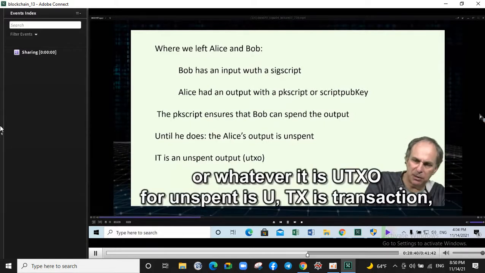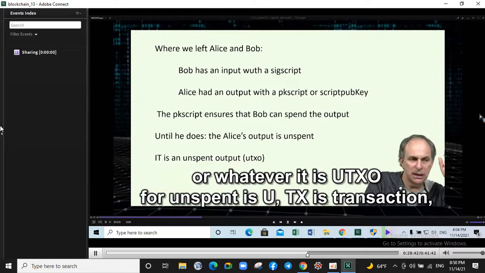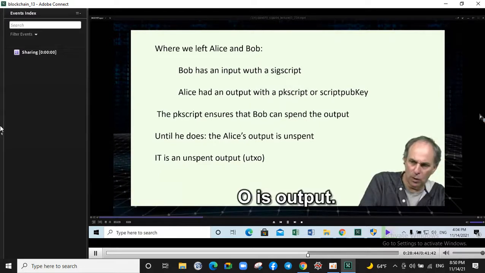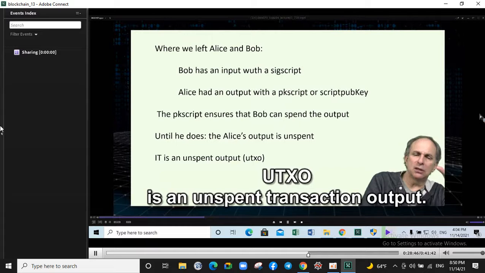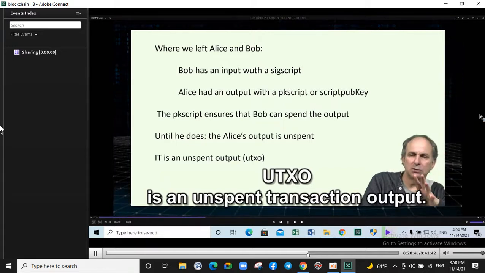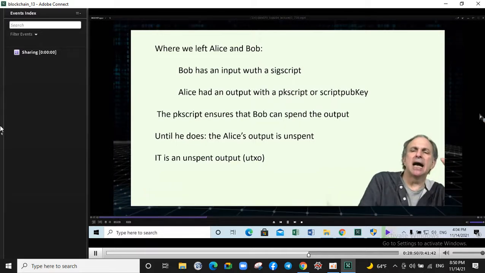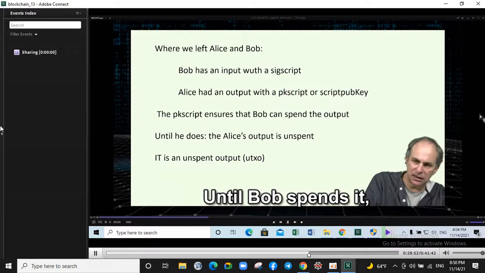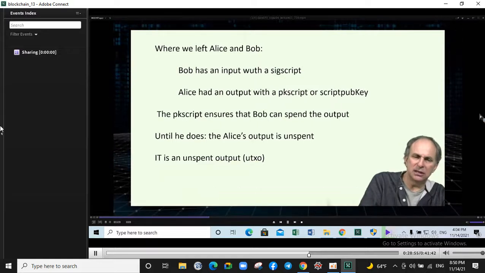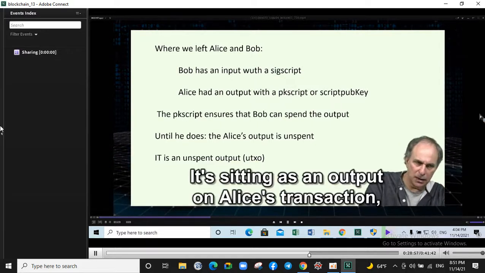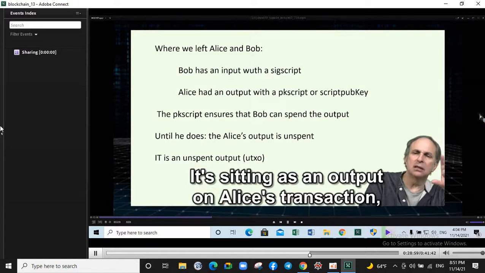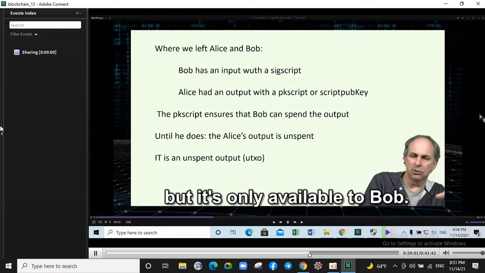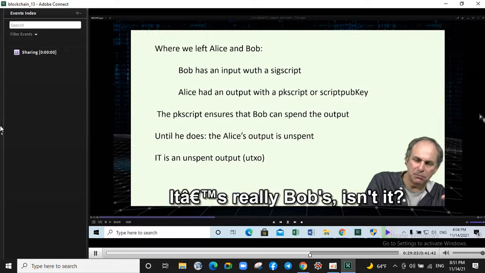So unspent is U, TX is transaction, O is output. So UTXO is an unspent transaction output. Until Bob spends it, that's what it is. It's sitting as an output on Alice's transaction, but it's only available to Bob. So it's really kind of Bob's, isn't it?